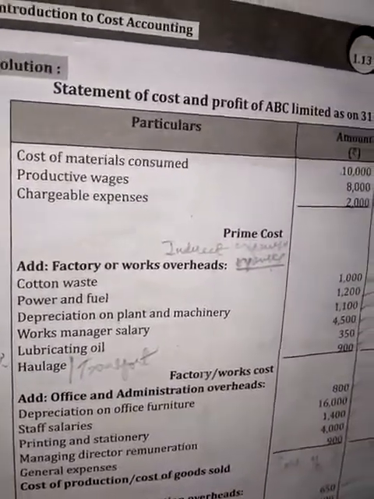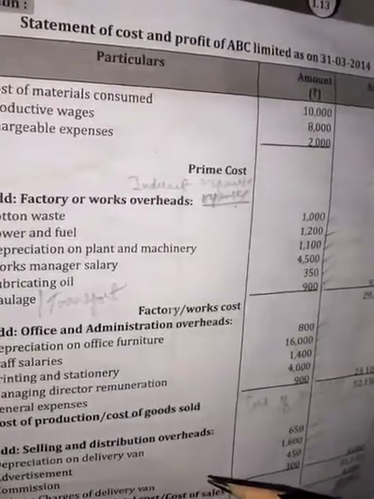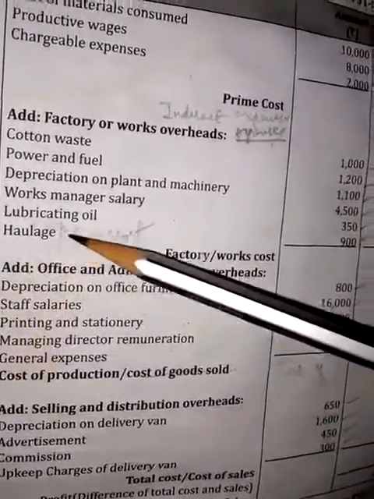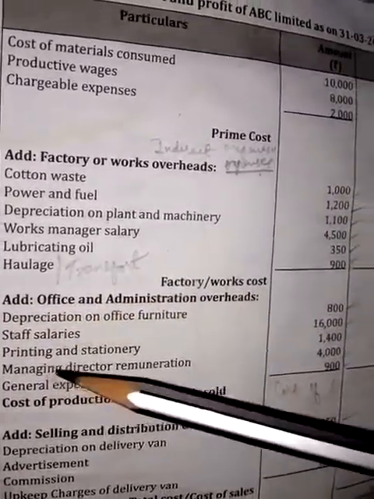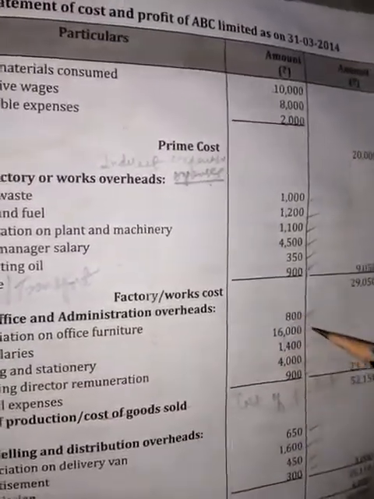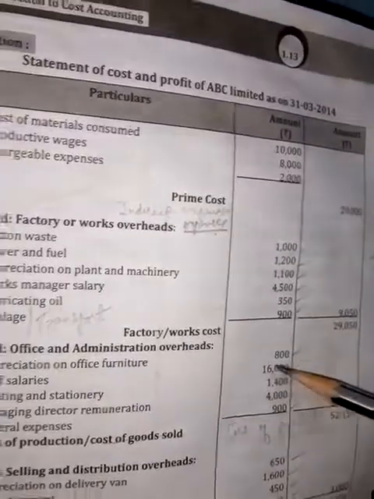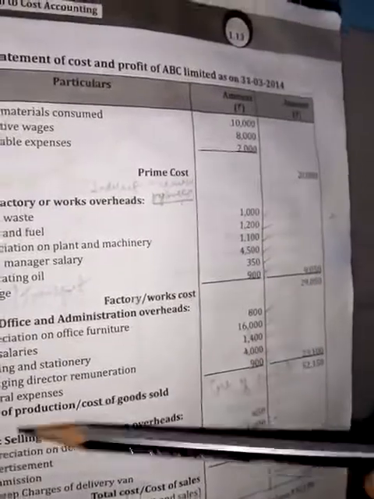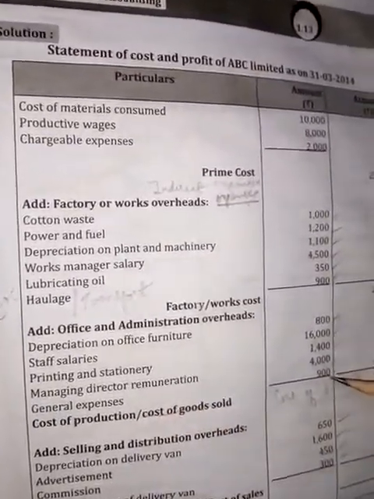And next, for finding out the cost of production, we need to add office and administrative overheads. That is, depreciation on office furniture 800. Next we have staff salaries 16,000, printing and stationery 1,400, general expenses 900.